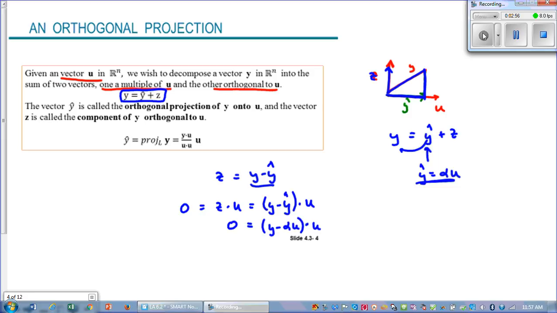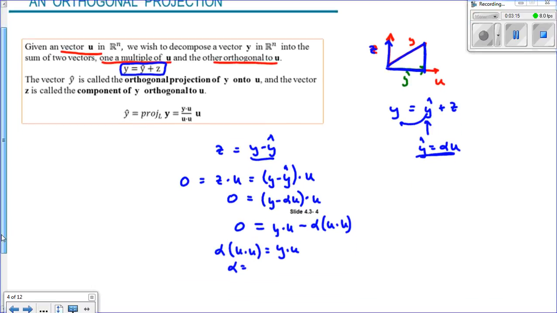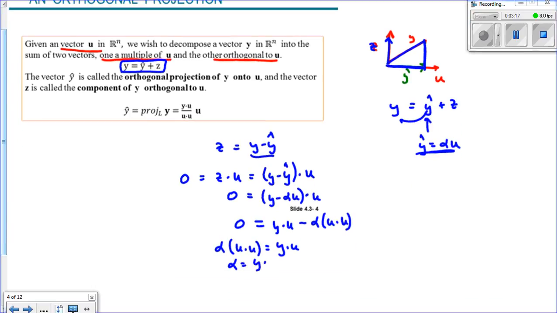Distributing this dot product, I've got y dotted with u minus alpha times u dotted with u. That means alpha times u dotted with u is just y dotted with u, which means that alpha is just y dot u over u dot u.